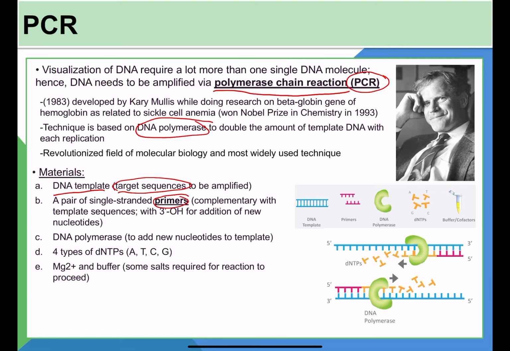DNA polymerase is going to look for that free 3' hydroxyl group from primers. So that's what we have to add and genetically make or engineer these primers to be added to your mixture of solution. Okay, so these primers are usually complementary with your template sequences, and usually there's a pair of them, meaning that there's a forward primer and a reverse primer.